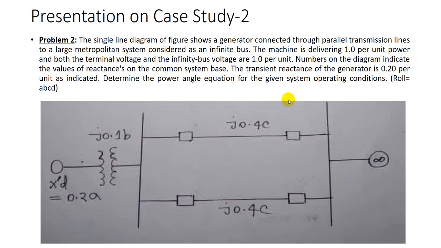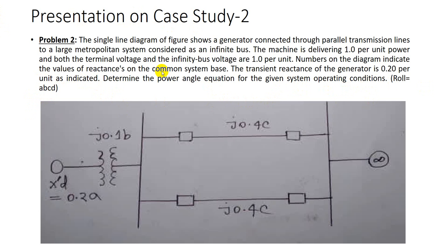Numbers on the diagram indicate the values of reactances on the common system base. The transient reactance of the generator is 0.20 per unit as indicated. Determine the power angle equation for the given system.